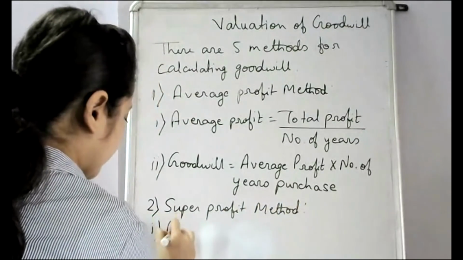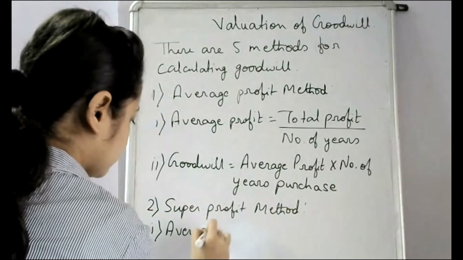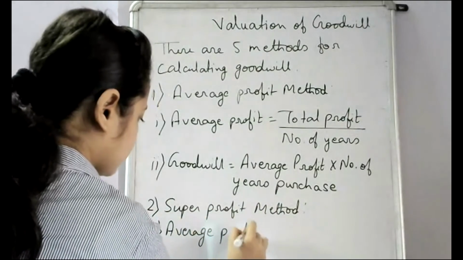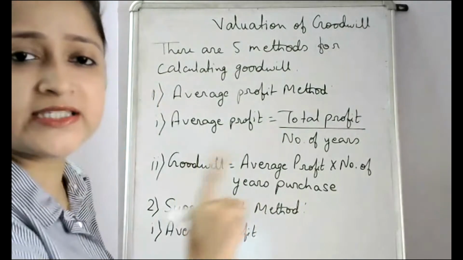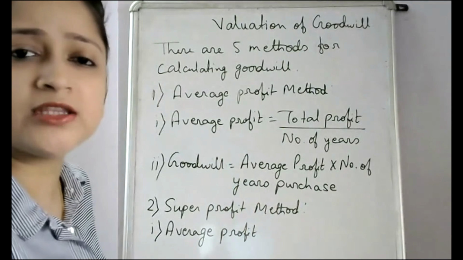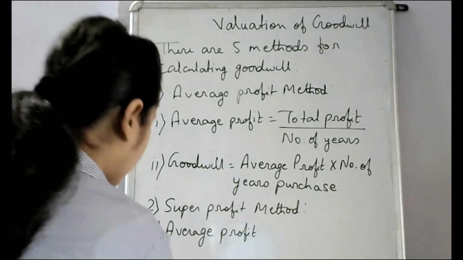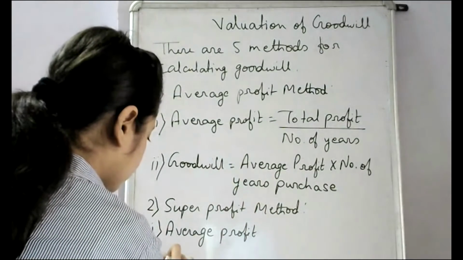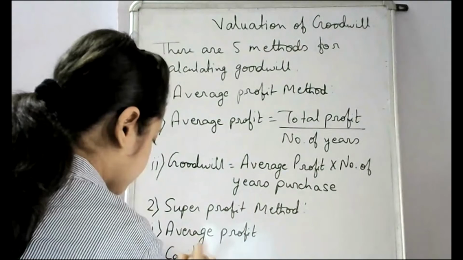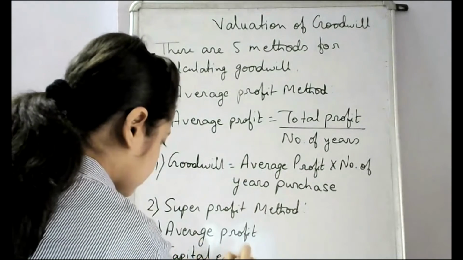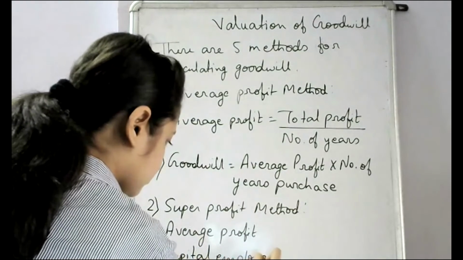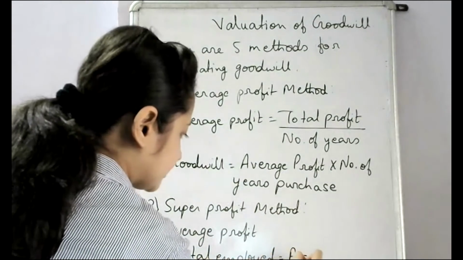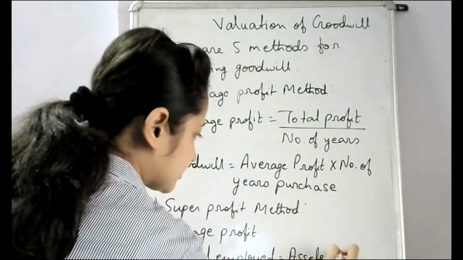Step 1 is average profit. The formula is same as before, so I am not writing the formula again. Now Roman 2, capital employed equal to assets minus liabilities.